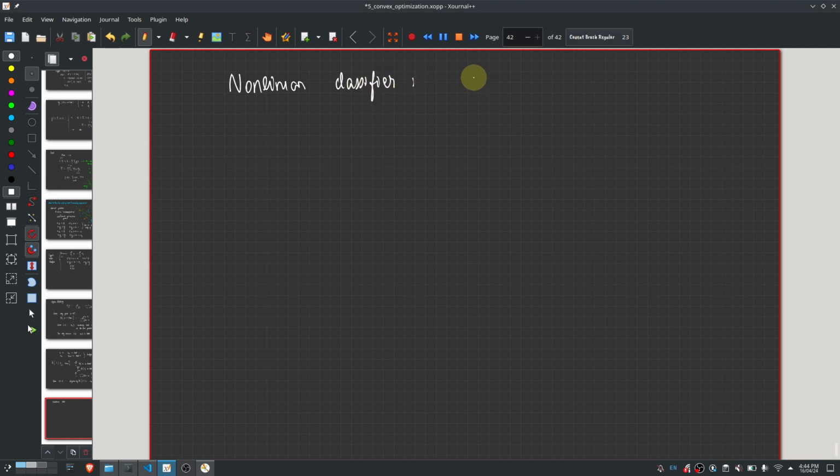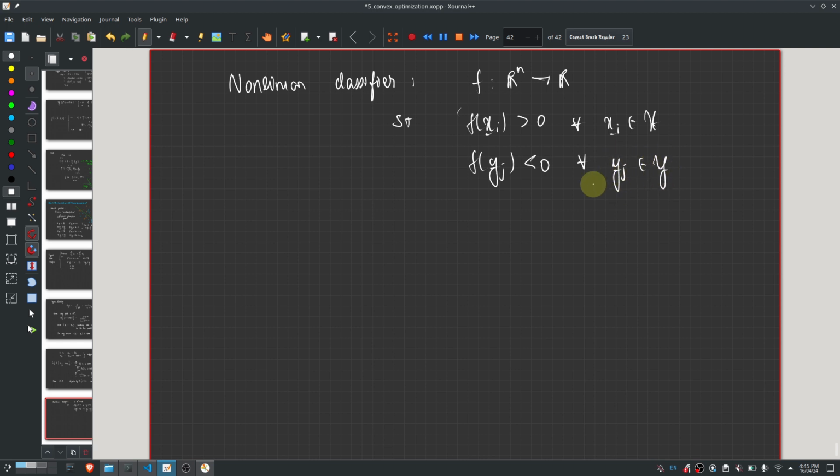We want to construct some function f from Rn to R such that f of xi is greater than 0 for all xi in the set x, and f of yj is less than 0 for all yj in the set y. If we set f to be an affine function, then we basically get the linear classifier that we had previously.